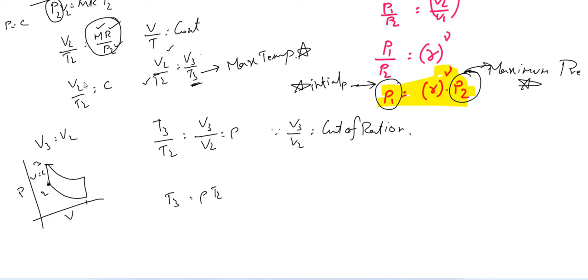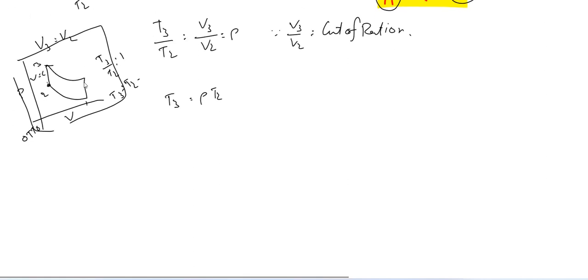It is the Otto cycle. Volume is constant, so T3 by T2 equals 1, right? Here T3 equals T2. So we haven't discussed this part in the Otto cycle, but only in the diesel cycle we got V3 by V2 equals cutoff ratio rho. Now you understood this part.